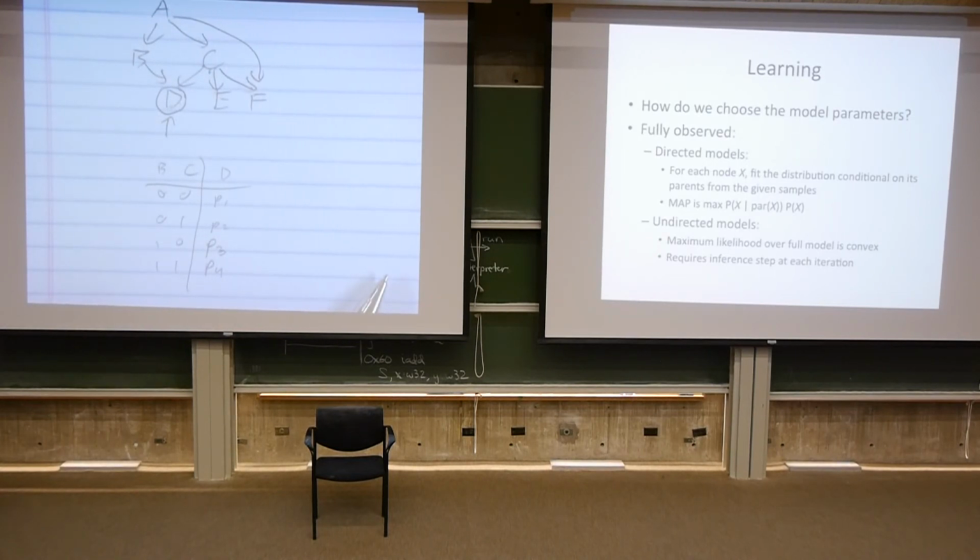Okay. In undirected models, unfortunately, it's a little more complicated. You can't just take the samples and look at the parents because everything kind of interacts with everything else all over the place. But it turns out that if you write down the likelihood function for the whole model, then you end up with a convex optimization problem that you can solve the same way you solve any convex optimization problem.